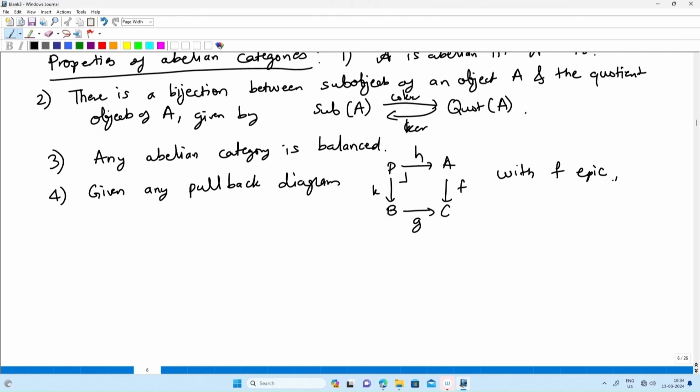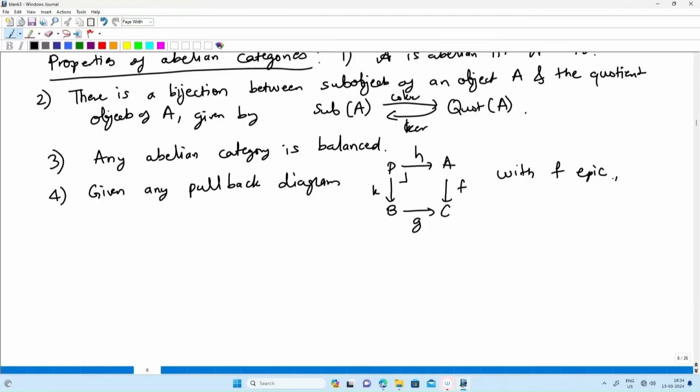Okay. So if F were mono, then what can you say about K? K is mono, because monomorphisms are compatible with pullbacks. You remember we have done that. In any category, pullback of a mono is mono.